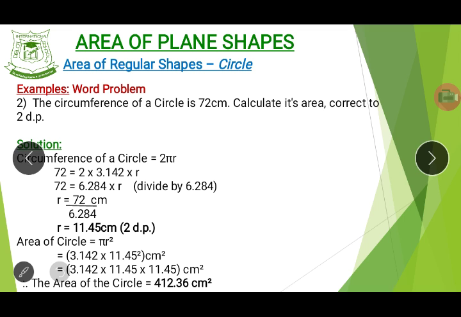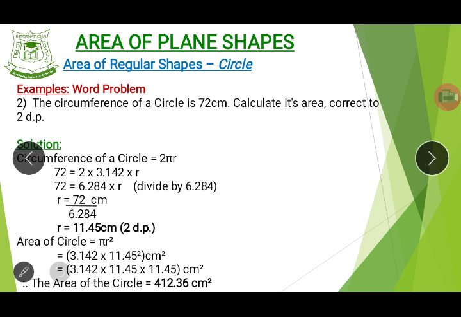Now, since we know our radius, we can find the area of the circle. The area of a circle is pi r squared. So what is our pi? 3.142, like I've been using, times r squared, which is 11.45 squared.